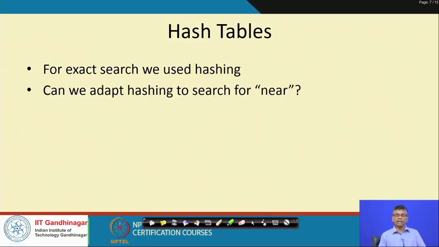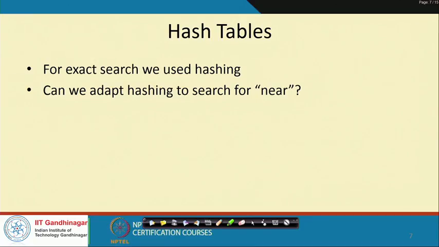Now that we have a handle on the object representations as well as the distance function, let us talk about the possible solutions. We have seen an excellent candidate for a possible solution, because if instead of near duplicates we were talking about exact duplicates, then we knew what to do. We would have used a hash table. That would have been perfectly fine, because suppose the question was, given a set of documents and given a query, does this exact same web page or the exact same document appear in your data set?